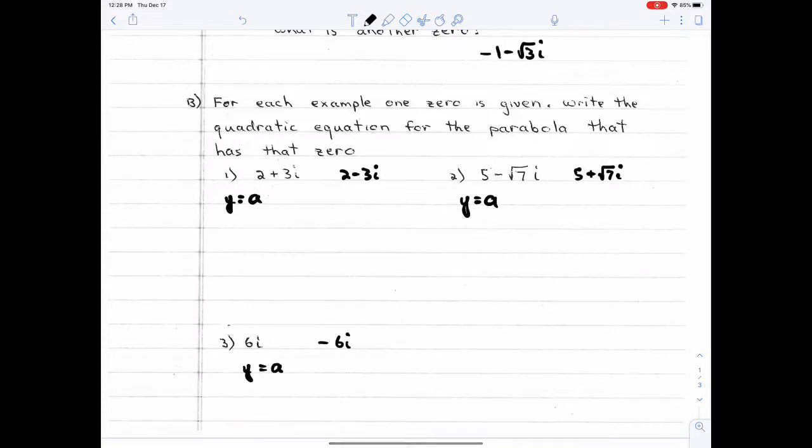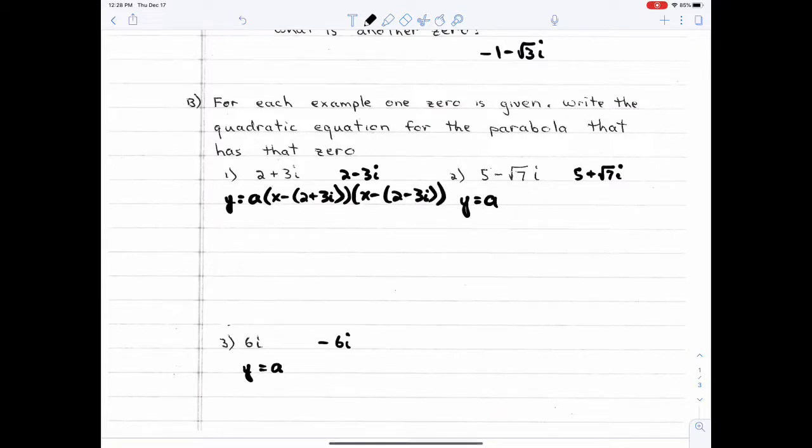Now, how do you find factors? Remember, factors are x minus the root. So this would be x minus 2 plus 3i times x minus 2 minus 3i.